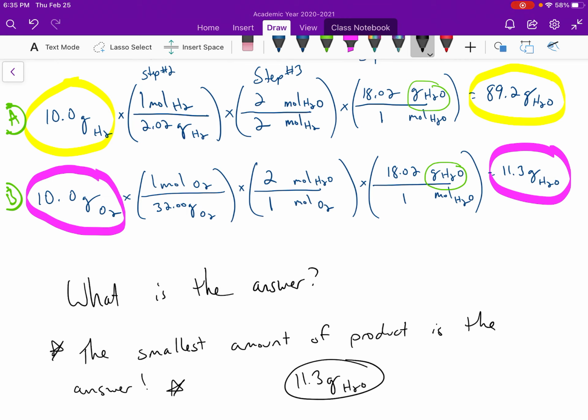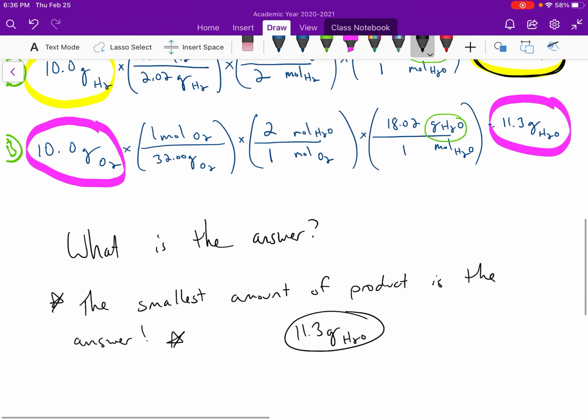That is the maximum amount of water I can make under these circumstances. Even though I calculated 89 grams up here, that was assuming I used all 10 grams of hydrogen, which clearly we didn't. Clearly we ran out of oxygen first, okay?